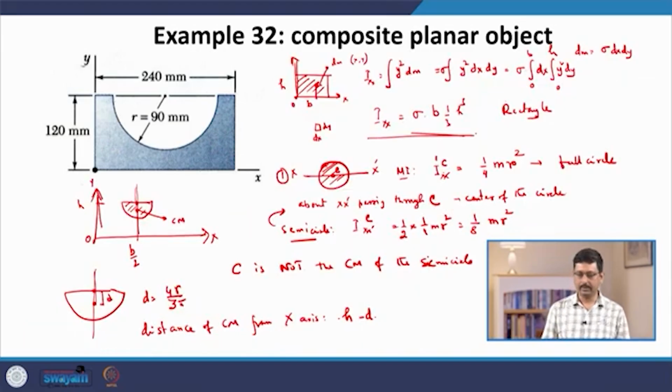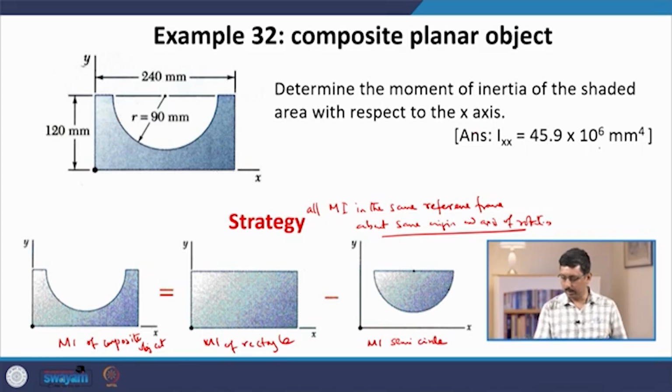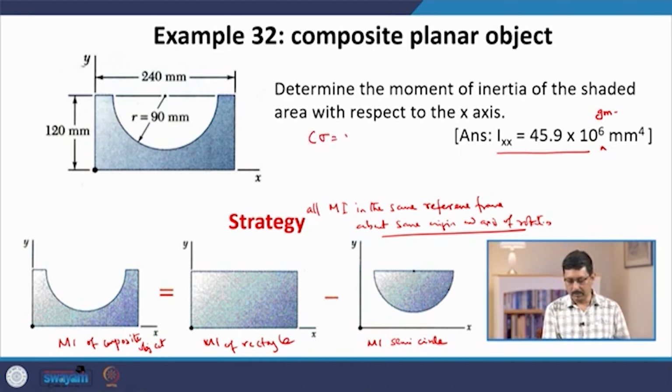Take the difference and check the numerics, whether you get this particular value. Here I mentioned that sigma, which is the density, is 1 gram per millimeter square.